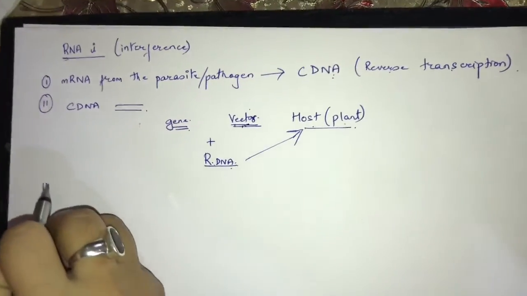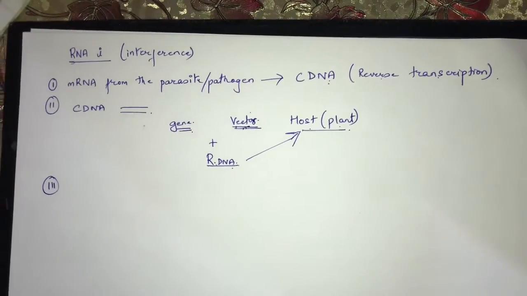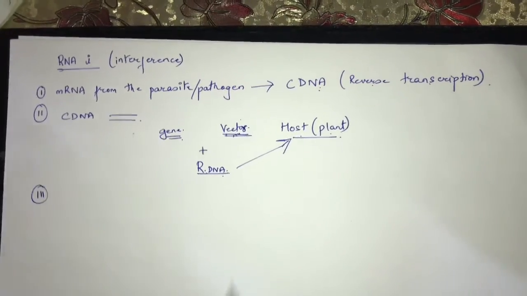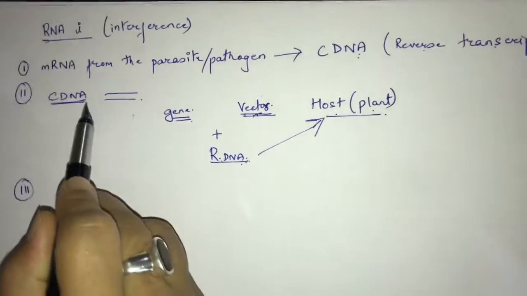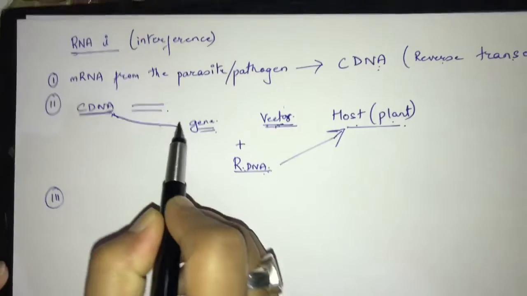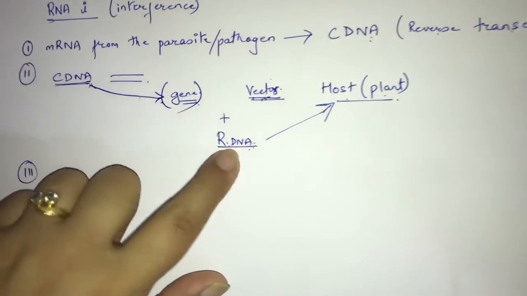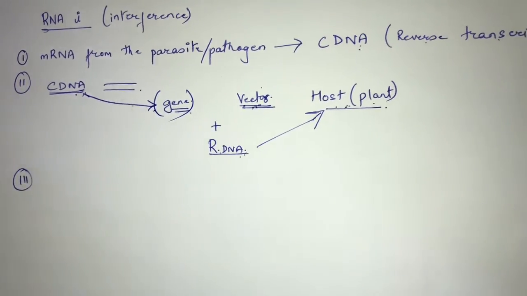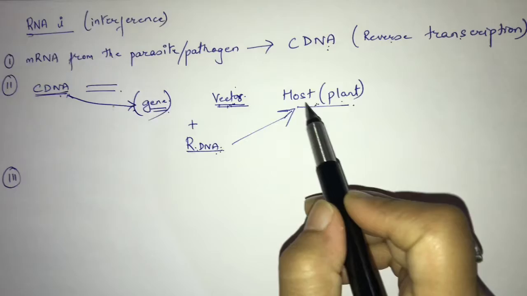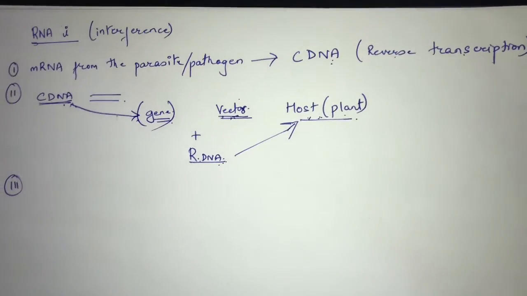So number 3, the third step: cDNA introduced into the host is expressed inside the plant. Now this DNA, which is nothing but the gene of interest, the cDNA introduced into the host plant, is expressed in the host plant because it has already gone into the host plant cell. So now it will be expressed.